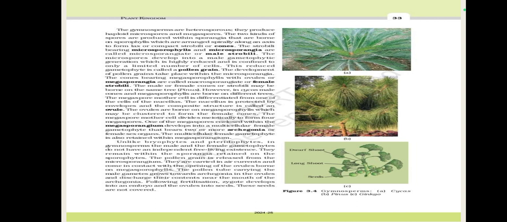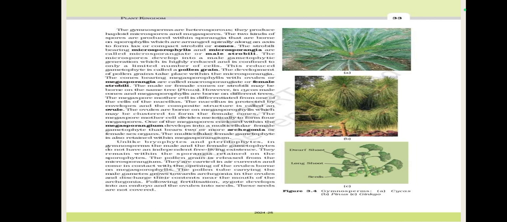The gymnosperms are heterosporous. They produce haploid microspores and megaspores. The two kinds of spores are produced within sporangia that are borne on sporophylls, which are arranged spirally along an axis to form lax or compact strobilia or cones.